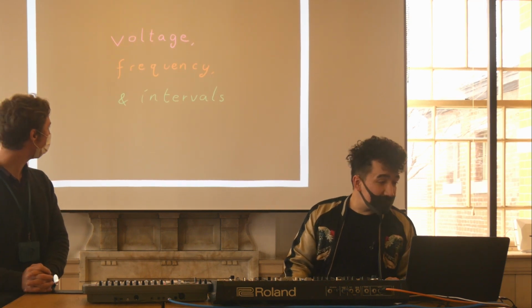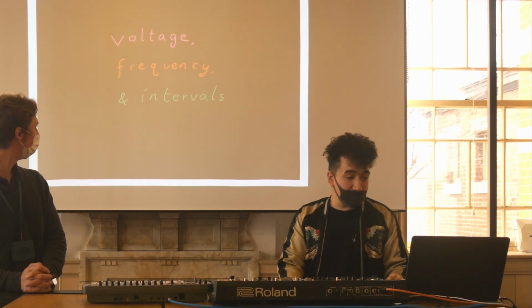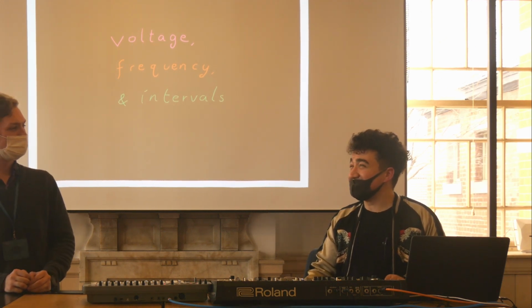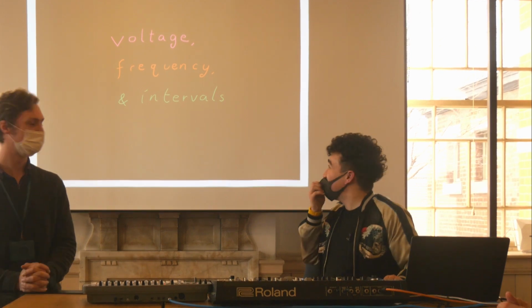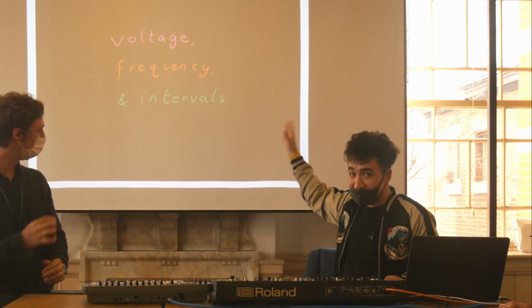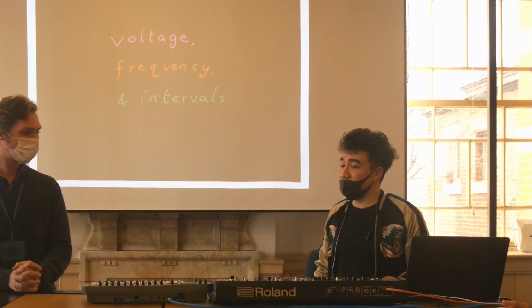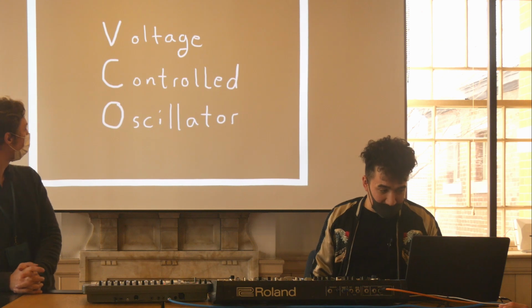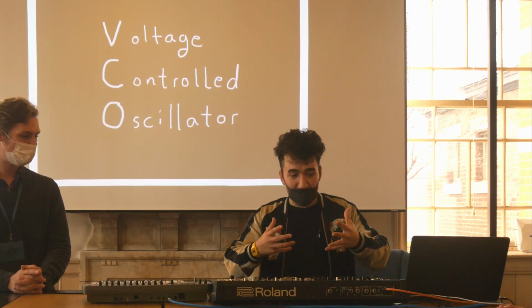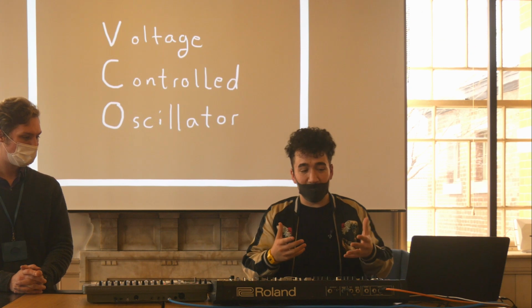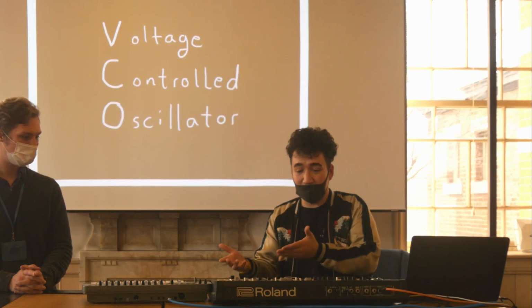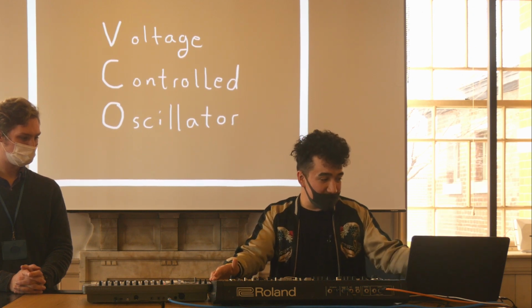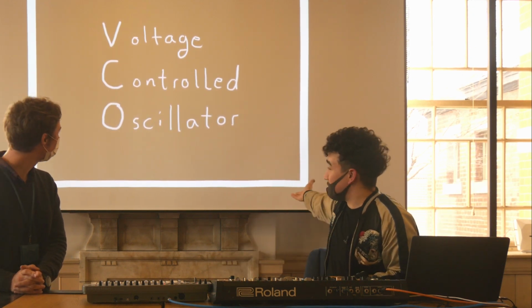So the first things we'll be discussing are voltage, frequency, and intervals. It's kind of hard to explain. These are the most basic building blocks of synth sounds. The most basic synth engine, the thing that creates the sounds in the original synthesizers, was called a VCO, or voltage controlled oscillator.